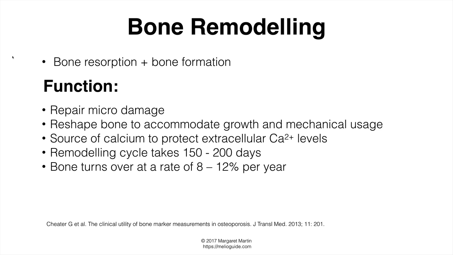So the function of bone remodeling is that you're getting a constant repairing of micro damage. You're getting a reshaping of bone to accommodate growth and mechanical usage. So if you take up a sport, and this is especially true in your early years, where that sport is providing you with constant impact in your legs, and your body's going, wow, Janina's really working hard in her legs, and I really need to be ready for that hard pull from her quadriceps on the femur, and I'm going to really strengthen this up.